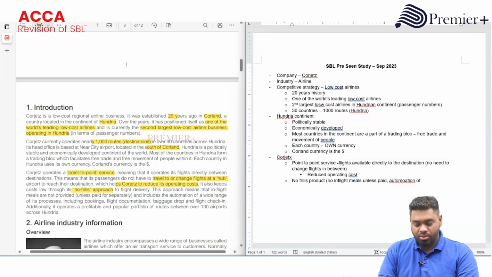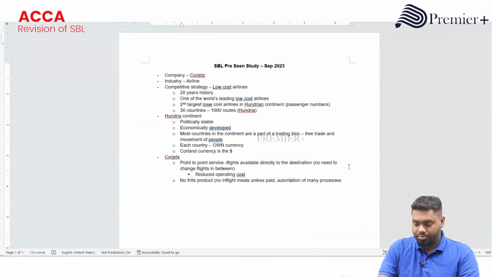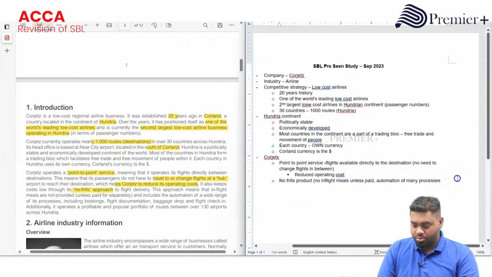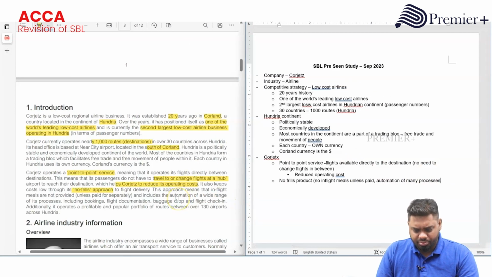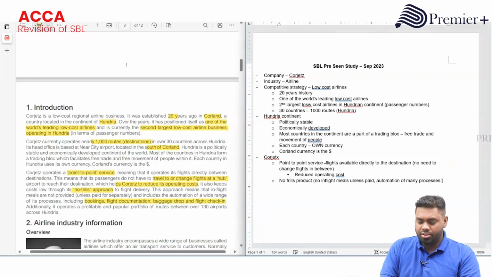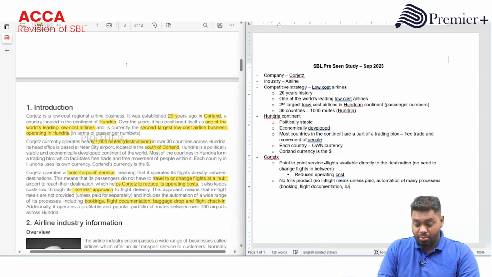Automation of many processes, including bookings, flight documentation, baggage drop, and flight check-in.